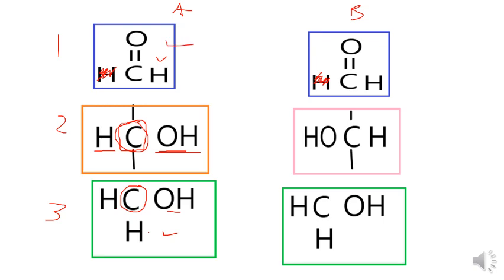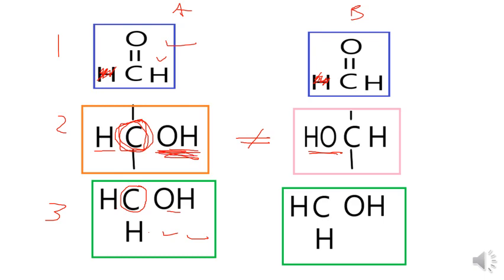In the previous example, number 1 and number 2 were the same, but here number 1 and number 3 are the same. So it does make a difference where you put this OH. If you put it on the right or on the left, that makes a difference. So these 2 structures are not the same, because this carbon has 4 different things attached to it.